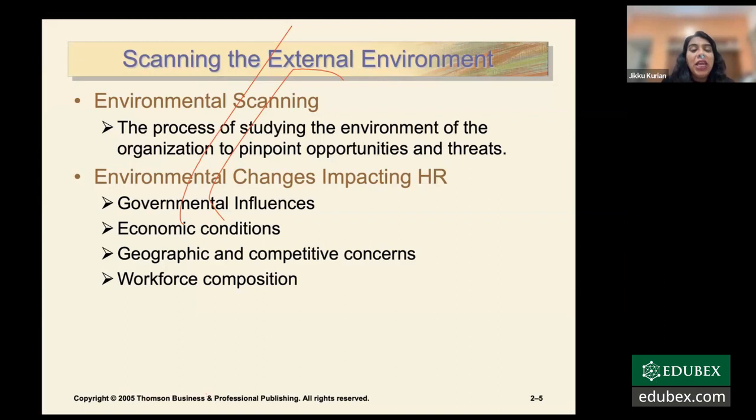For example, if your competitor is a paymaster, but you are not in a position to compete with your competitor in terms of the pay offered to your employees, then the quality of the employees you get may be much lower compared to your competitor, because the best employees will normally get what they demand, and they look for organizations who can meet their requirements.